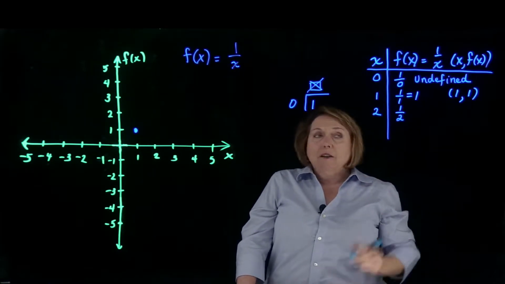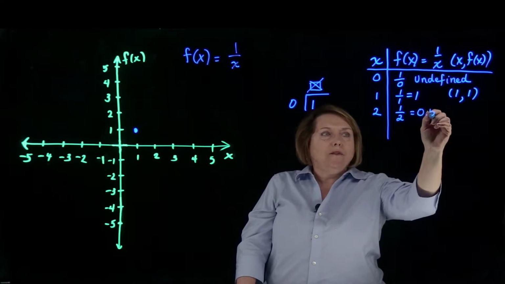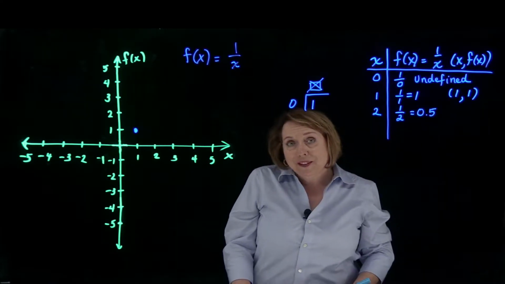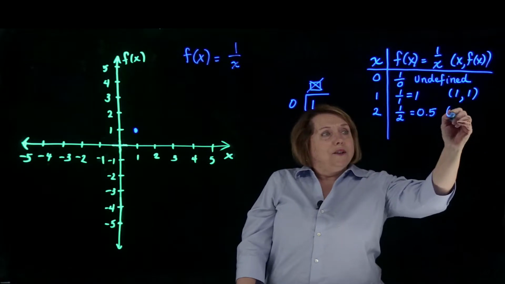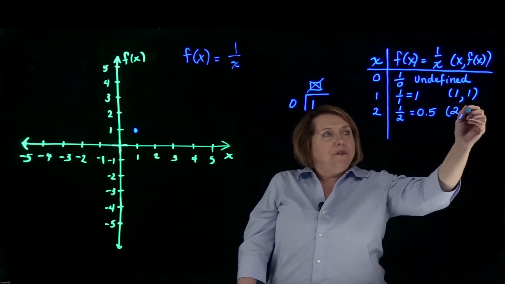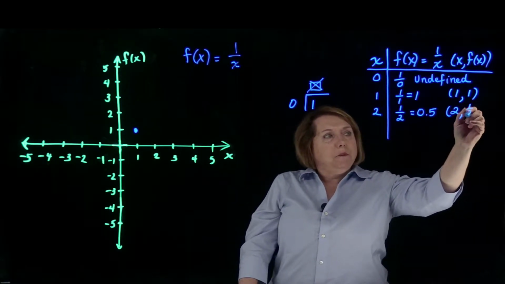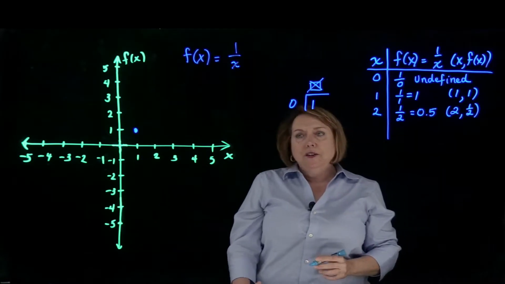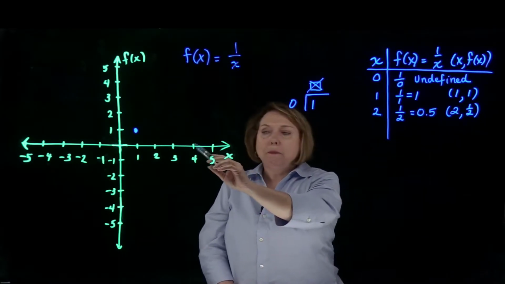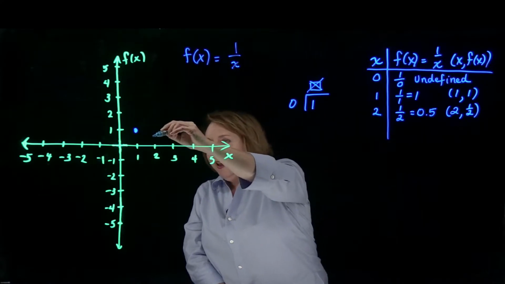Well, that's 1/2. You could also think of it as 0.5 if it helps you to graph with decimals. So x is 2, f of x is 1/2. I'm going to keep it in fractions, but you could definitely use decimals, not a problem. Right there.